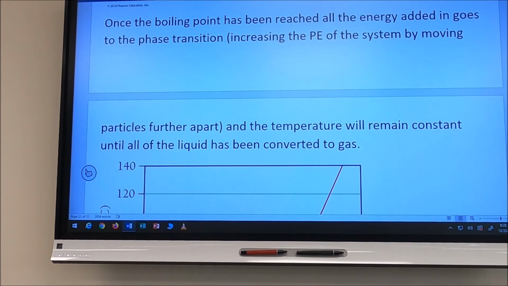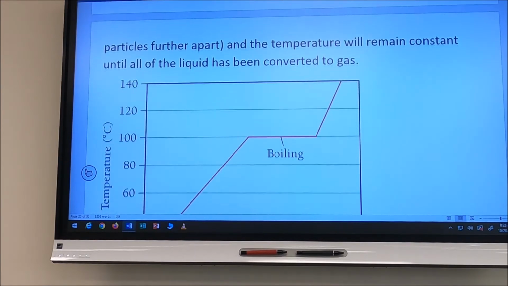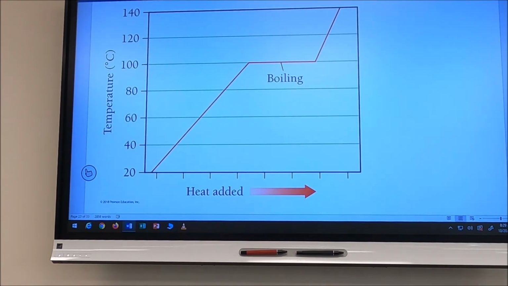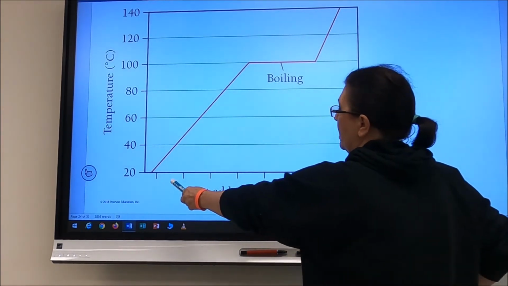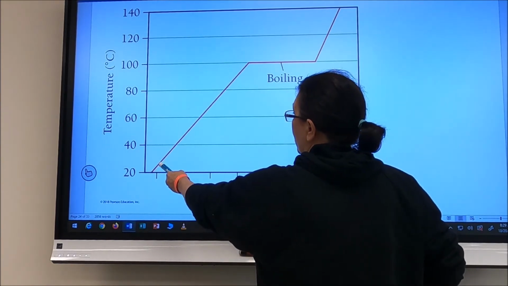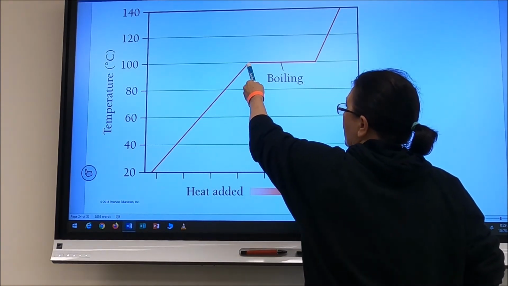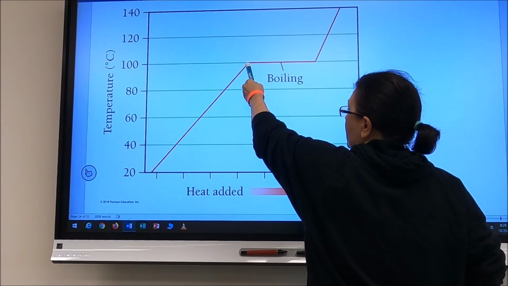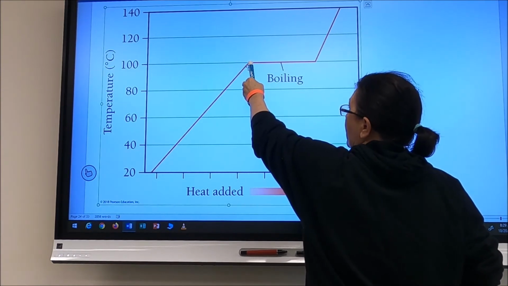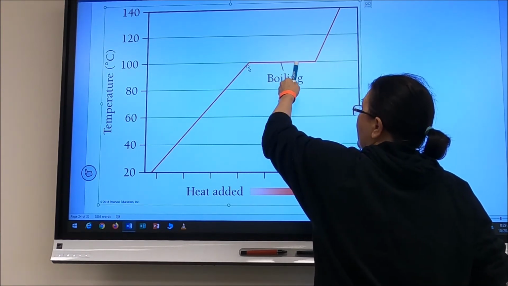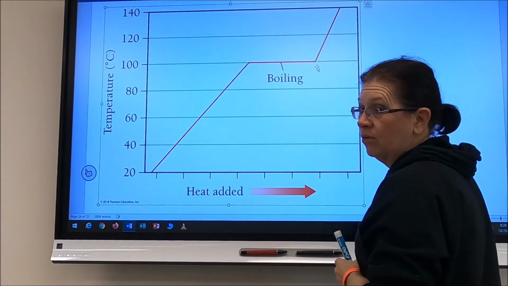Okay, let's look at a pretty little graph here. So if I have a substance, let's say in this case water, and I'm at 20 degrees and I start adding in energy, what we see is the temperature of the liquid increases until we hit 100 degrees C. And at 100 degrees C, the line flattens out.